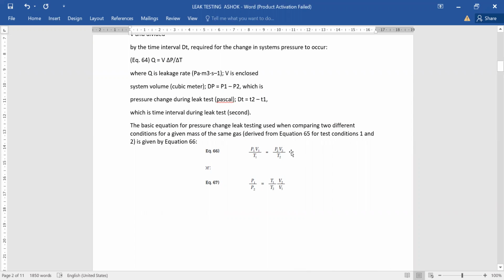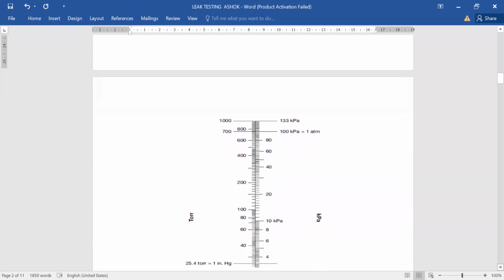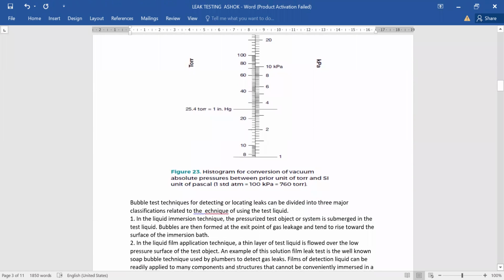So the other things are remaining. So you can change this equation when V is constant or when T is constant. So you can write it down and get the other variable.